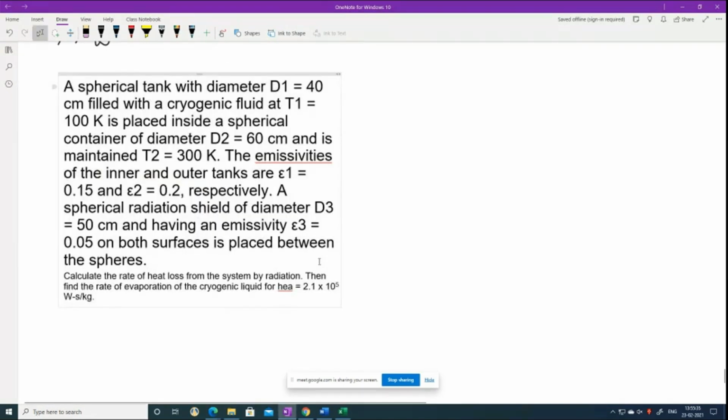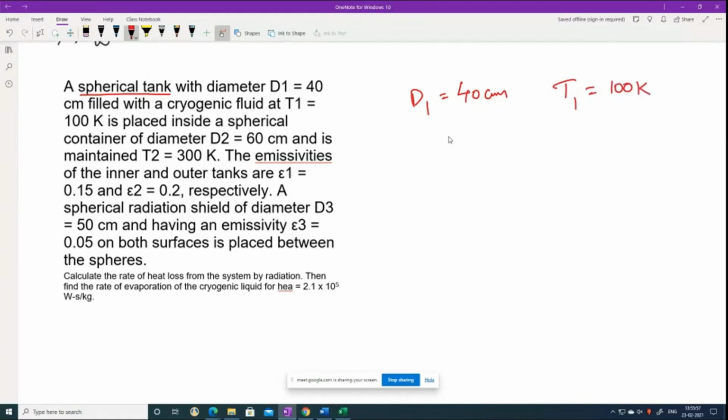The diameters are given. D1 is equal to 40 centimeters and T1 is equal to 100 Kelvin, and D2 is equal to 60 centimeters and T2 is equal to 300 Kelvin.